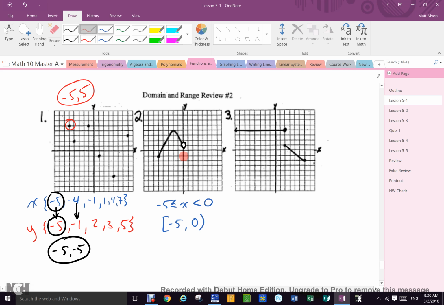They say, okay, well, it starts right there and it goes up to there. Oops, that's supposed to be red for range. But it doesn't, does it? Because the curve goes all the way up to there, because I'm not looking at the curve anymore. I'm looking at just the domain values and just the range values. So this one is actually -1 y, and it goes up to 1, 2, 3, 4.